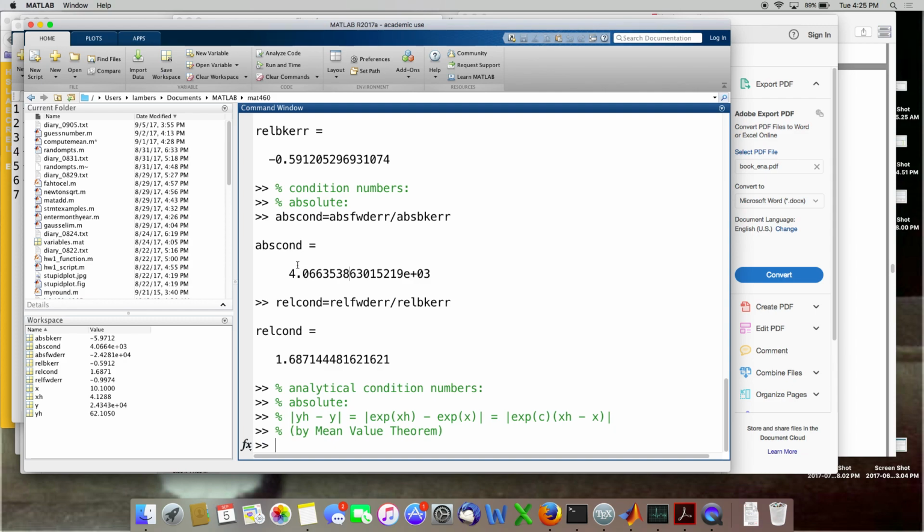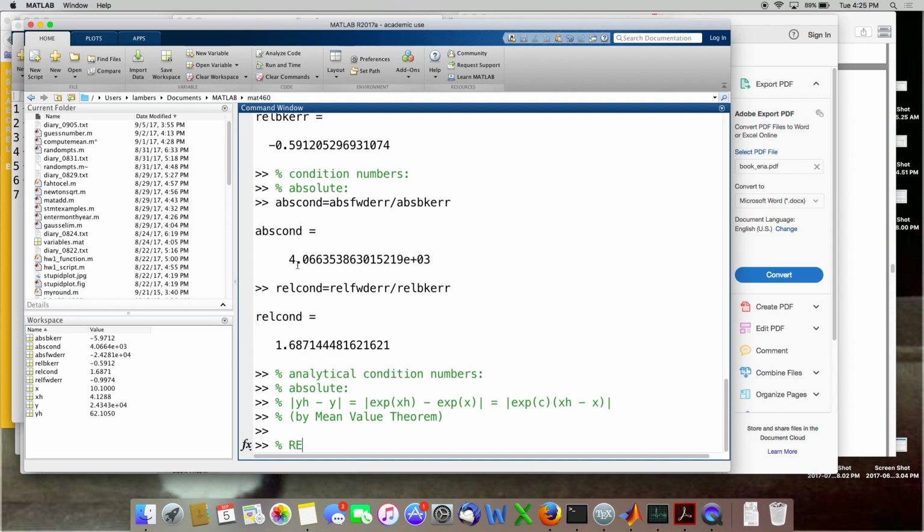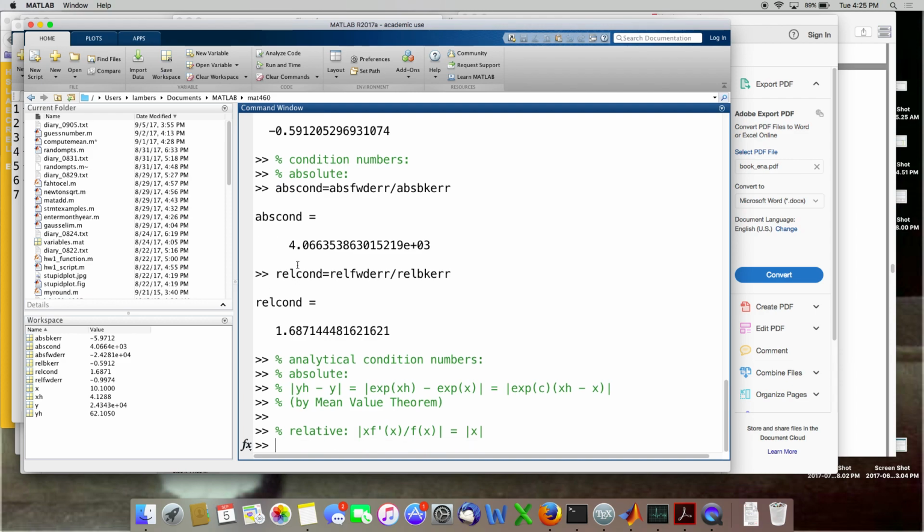On the other hand, the relative condition number, and this is worked out in the text, is equal to the general formula, x f prime of x over f of x. Well, if you plug in f being the exponential, it's its own derivative. So we just get the absolute value of x.